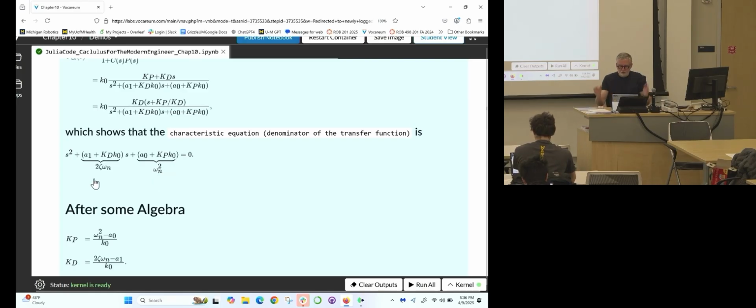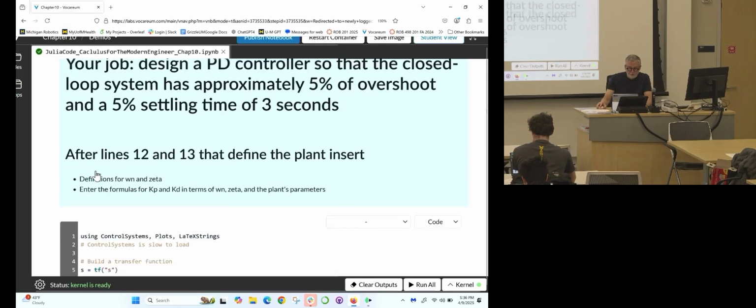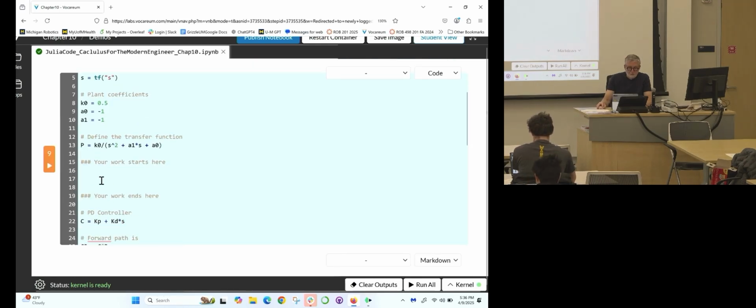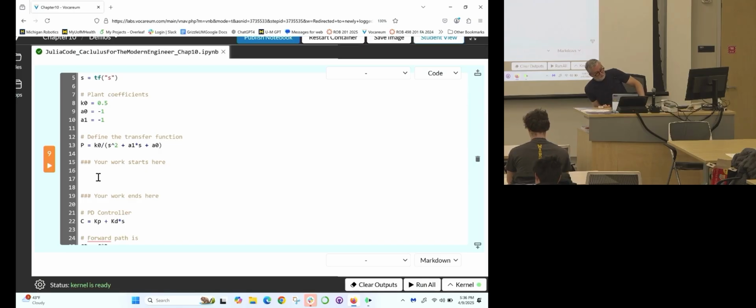That makes it easier to understand from this. Okay? And so you've got the plant, you need to define KP and KD, and notice that it's K little p and K little d. It just looks better in code. When it's typeset, K sub p, the big P is easier to read in LaTeX.